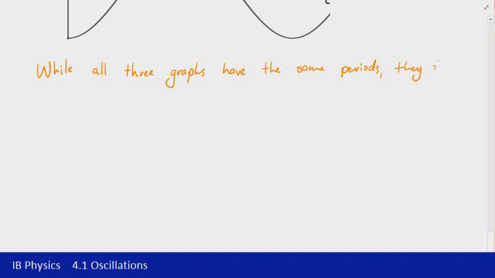So they don't all have the same starting point, for one thing. They don't all start at a maximum, and they don't cross the axis at the same time either. So they don't have zeros at the same time.